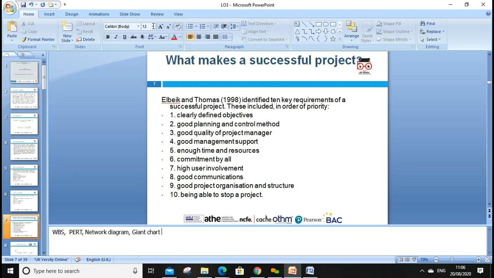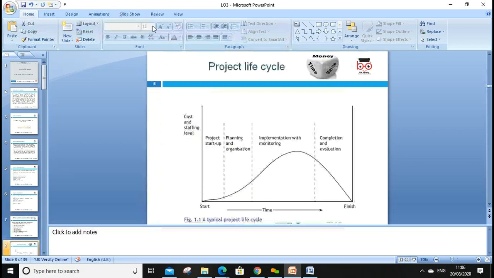Okay. Next we can look at the project and product life cycle. You may have heard about the product life cycle. When the project life cycle finishes, the product life cycle starts, because manufacturing a product is a project life cycle.